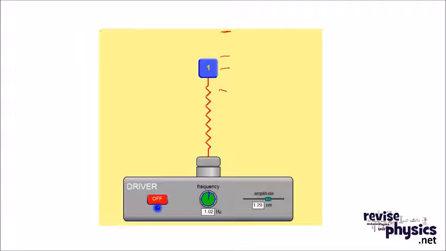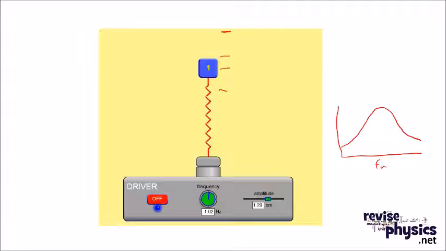So as my frequency was increasing towards the natural frequency of my mass spring system, my amplitude was increasing, peaking at the natural frequency. Once I've gone beyond the natural frequency, that amplitude will then start to drop off again.